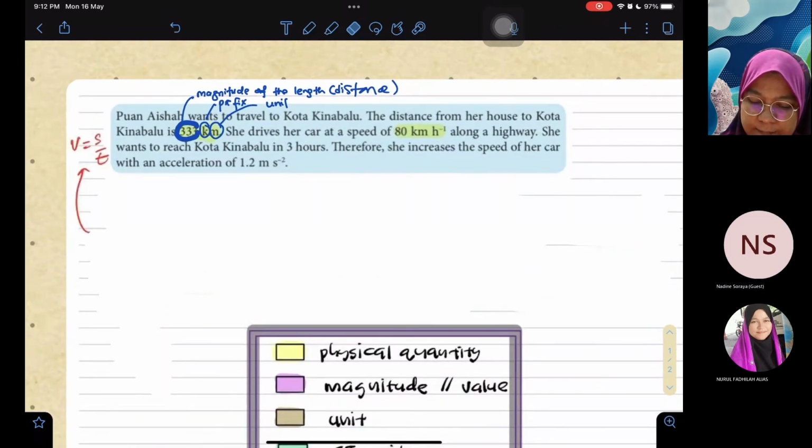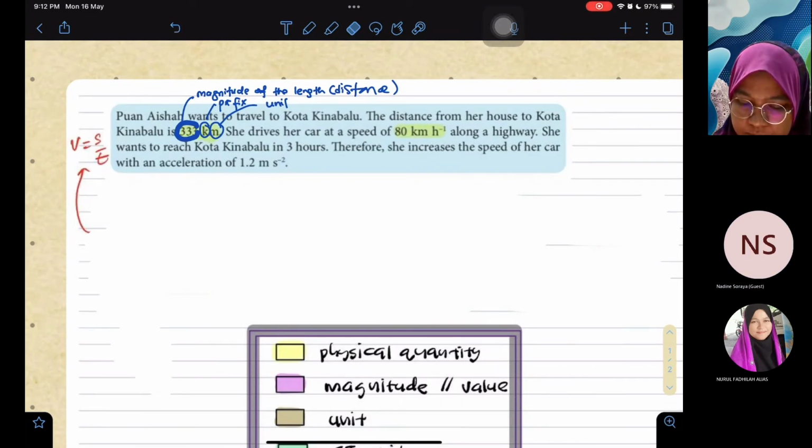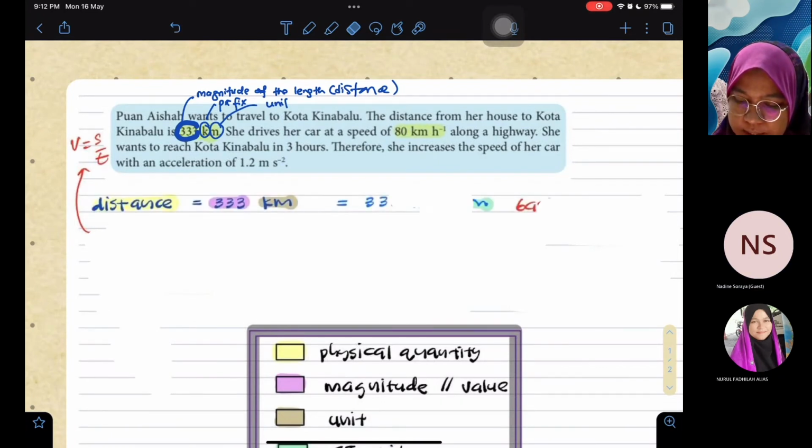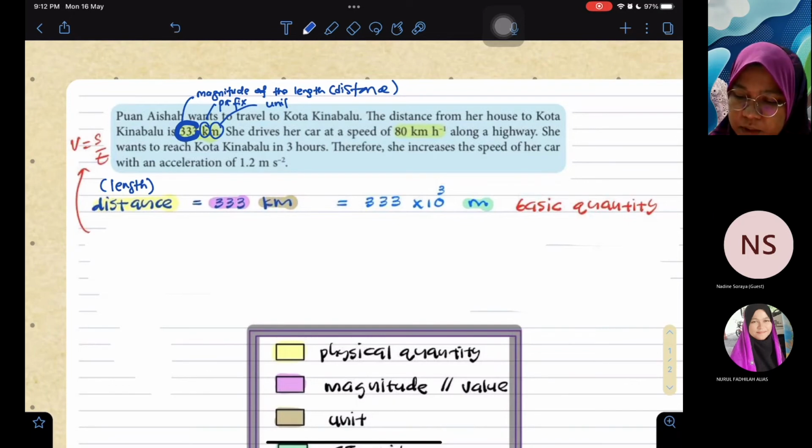Ada tak ada soalan? Tak ada cikgu. Okey, jadi awak tengok ni. Okey. So sekarang ni kita tengok distance. Distance tu adalah basic quantity. So kalau orang tanya apa the basic quantity-nya? It's length. Okay, and then kilometer ni meter.